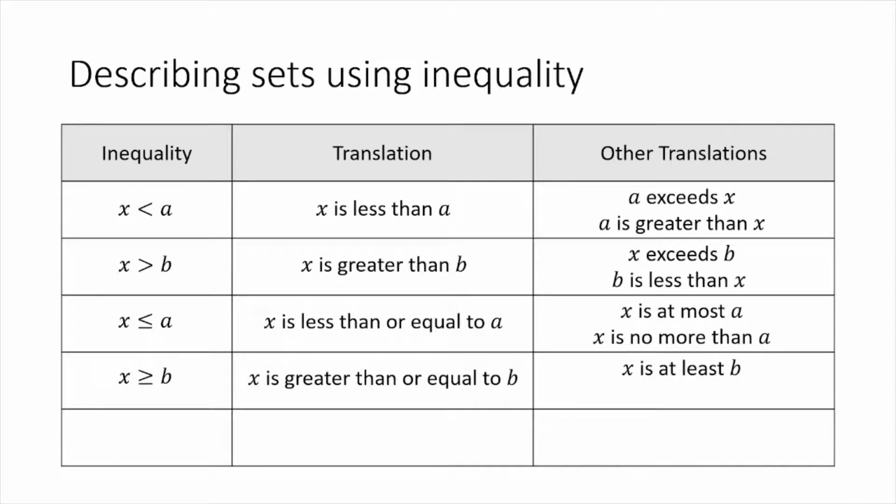So here we can say X is at least B, or X is no less than B. Okay, so in this case, the smallest or the minimum value X can take is B. Okay, so it can be any real number greater than or equal to B, and the smallest value it can take is B. All right. Now lastly, we have X is not equal to a certain number, let's say A.